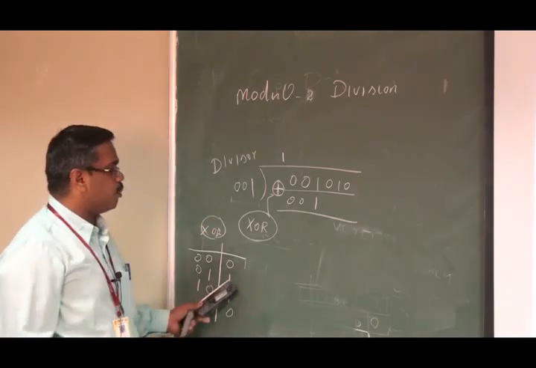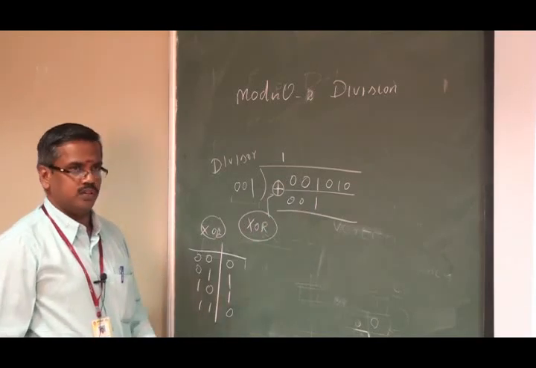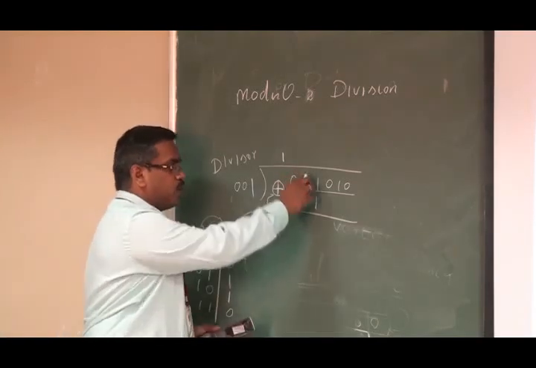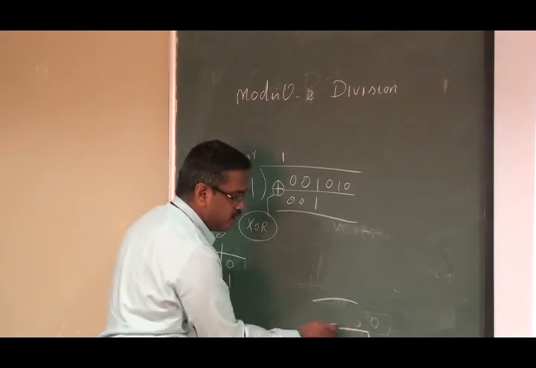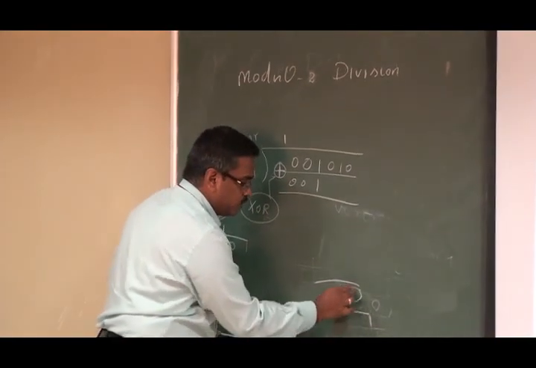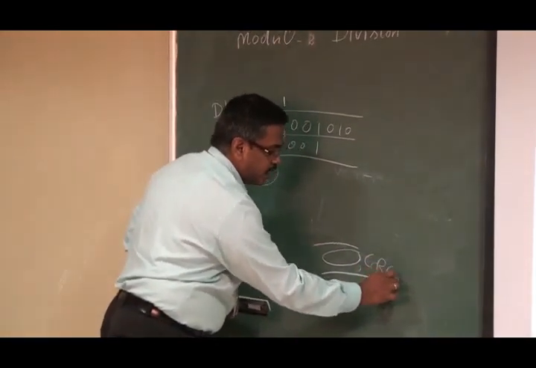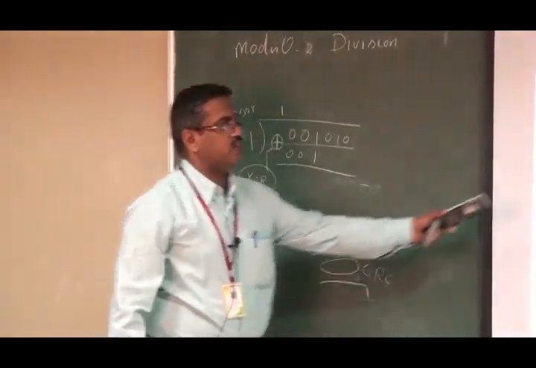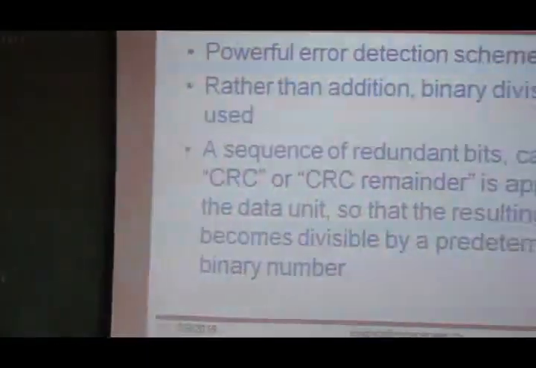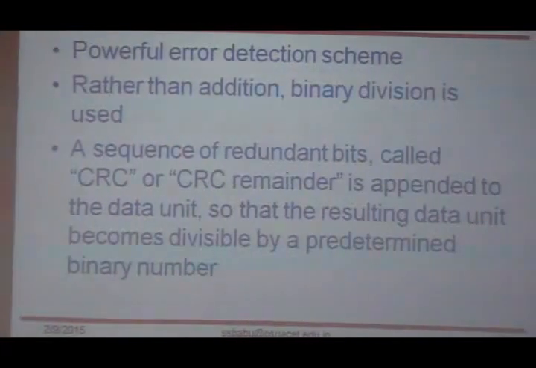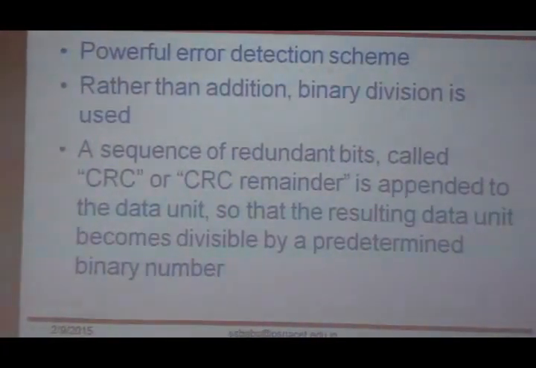So you are performing that kind of operation here. While performing all these steps, the final remainder value you get is called the CRC remainder. It is appended to the data unit.